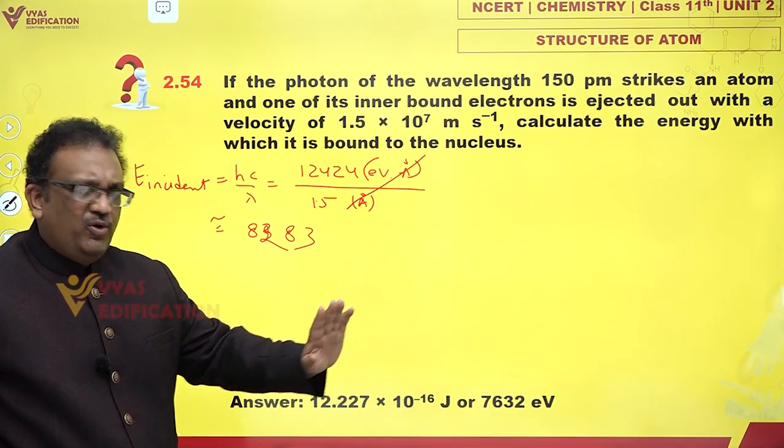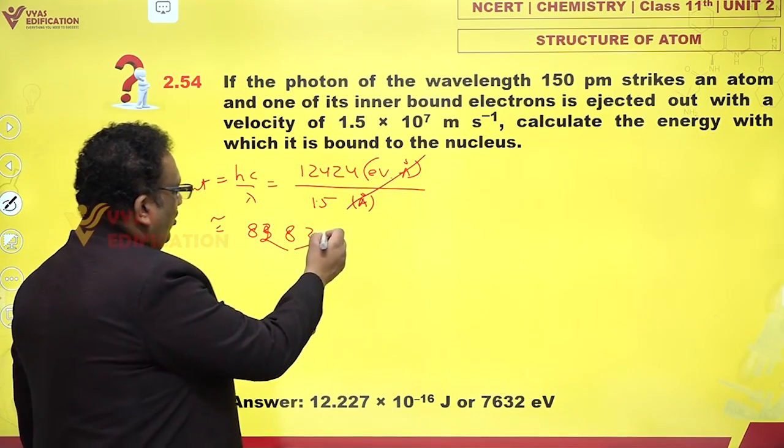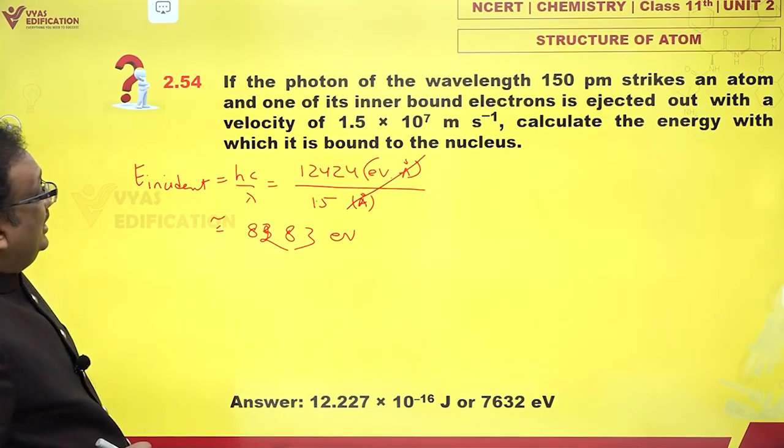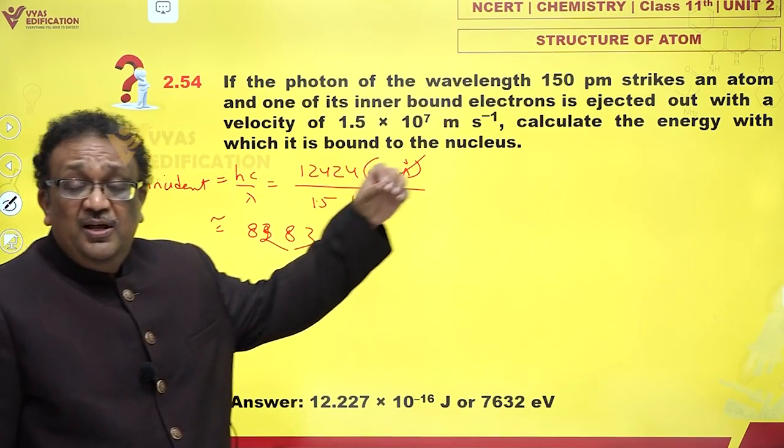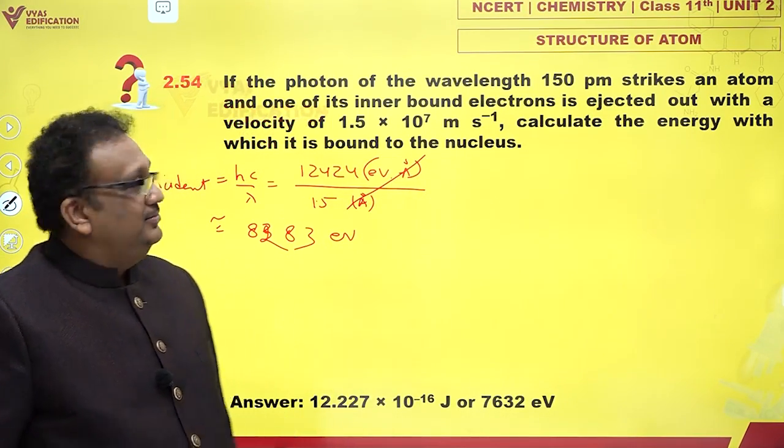It is 2.67 whatever, you get 82, 83 electron volts nearly. This is the energy of the photon which is striking the atom.